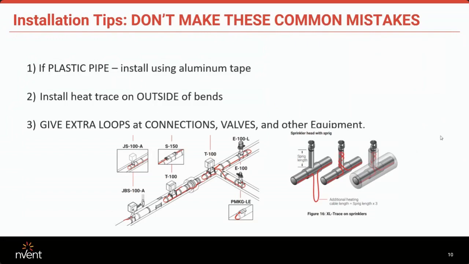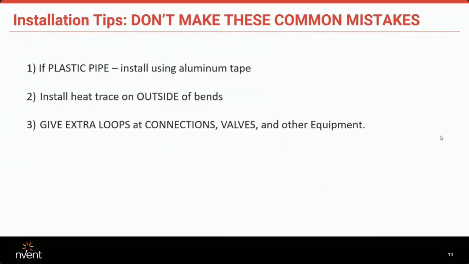But any valves, any pumps, any big obstacles, pipe supports, and again, all of this is in our installation manual, but it's something that is missed very, very commonly. And again, these are areas that will come back to bite you, that either you have to replace it because it's frozen, or if you do have to replace the connection kit, you don't have enough cable to work with.